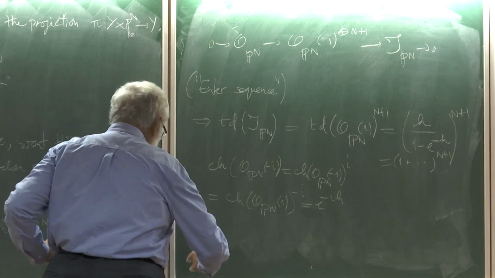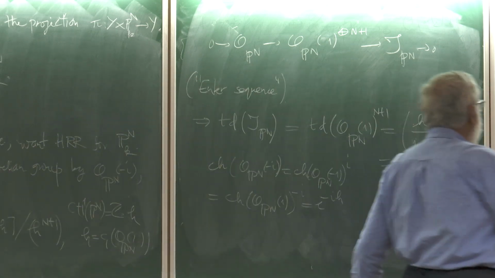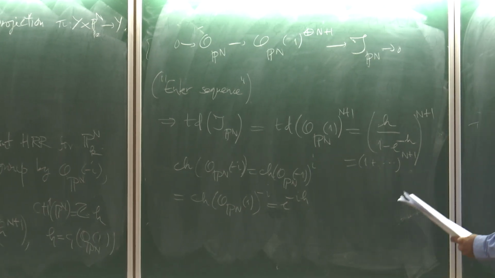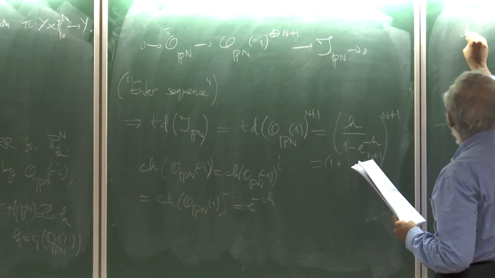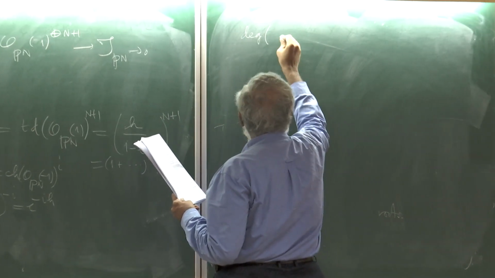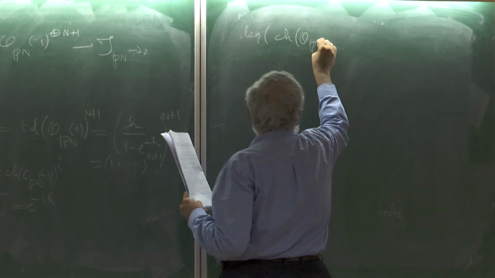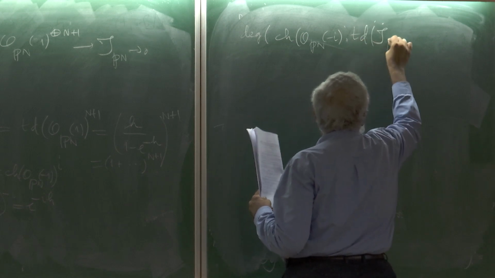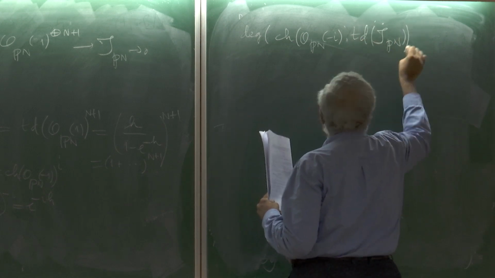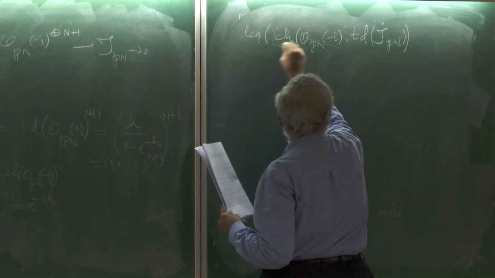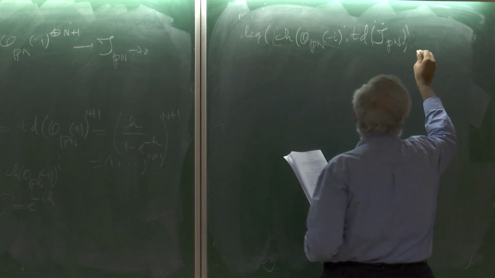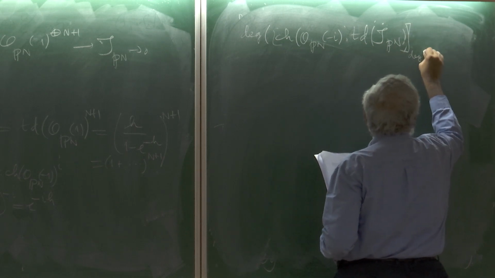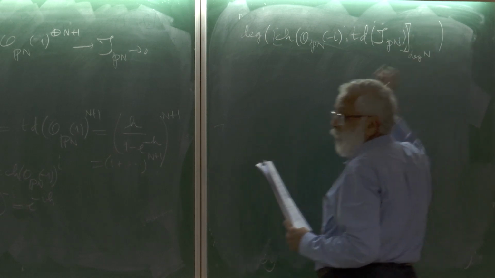So what is the Hirzebruch-Riemann-Roch? What would it give as a possible formula for chi, if we want the theorem to be correct? It's supposed to compute chi, so I want to compute the degree of Chern of O_{P^n}(-i) times Todd of T_{P^n}, right? I compute this product and then take the degree n part in the grading and then compute the degree of that.